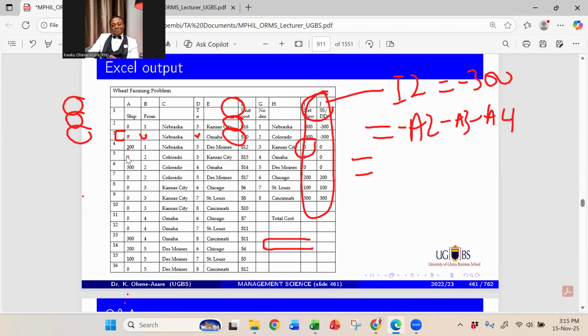This one here is going to be 2, 3. This one here is going to be 2, 4. And this one here. So the cell names are A5, A6, A7. So you write minus A5, minus A6, minus A7. That's it. And that is the formula that you need to be able to get whatever you want to get.